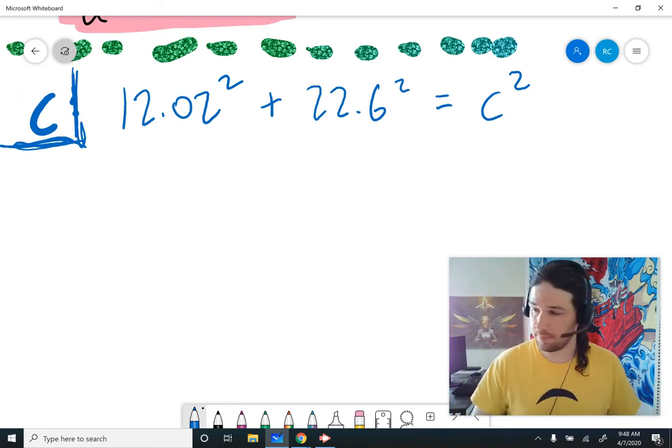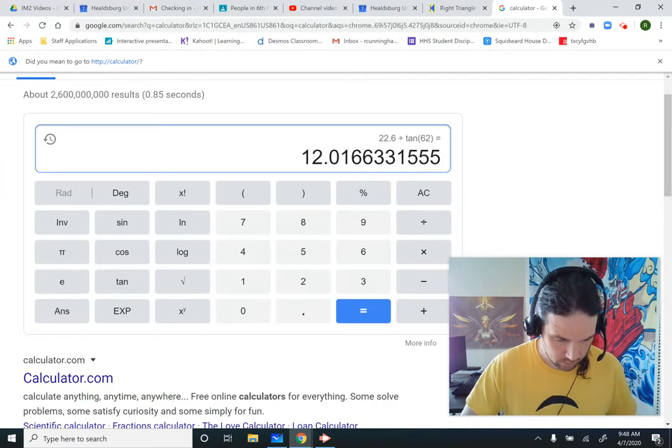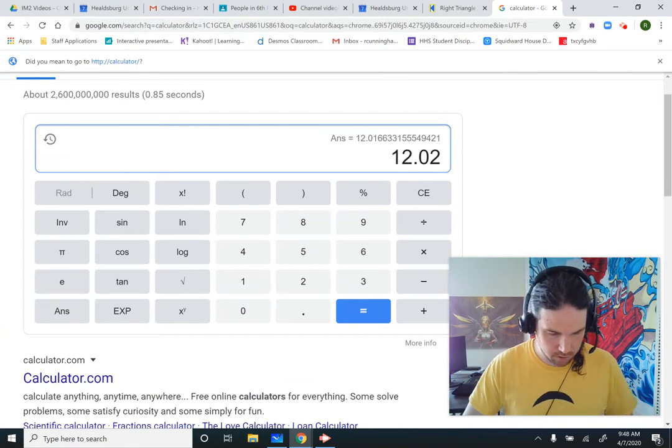So, Pythagorean theorem. Let's move back over to the calculator.